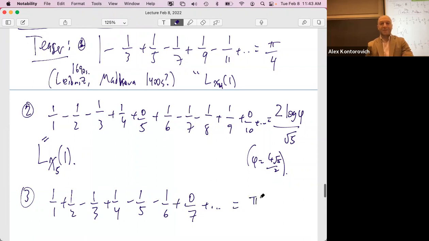And this formula comes out to pi over root 7. These are the real characters. So this is L(1, chi) for the real character mod 7.